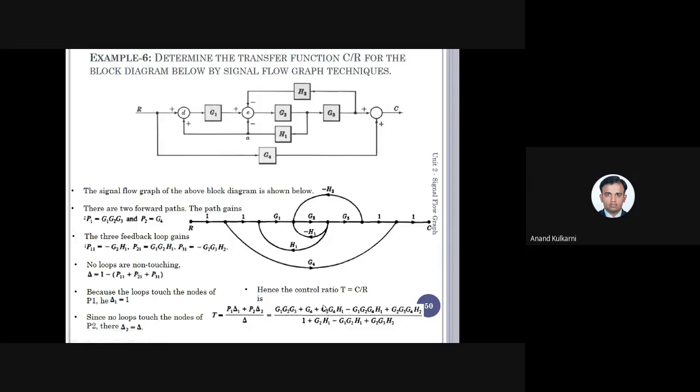Just take down this problem at your leisure. Slowly you take down, don't get confused. There are so many problems in signal flow graph and block diagram.